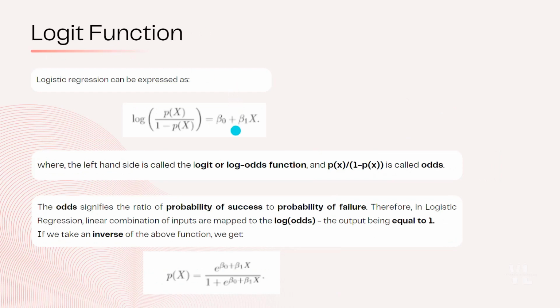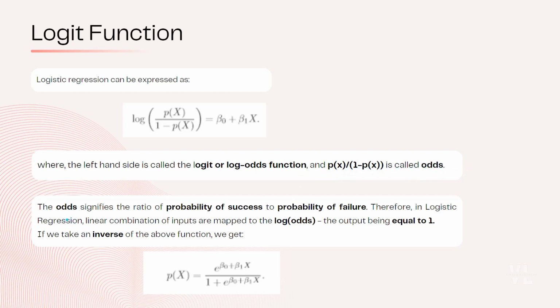We can improvise the linear equations that we have seen previously, where the outcome was just p of x equals beta naught plus beta 1x. This can be expressed by using a logit function, where the left hand side is called the logit or log odds function, and the division p of x by 1 minus p of x is called the odds.